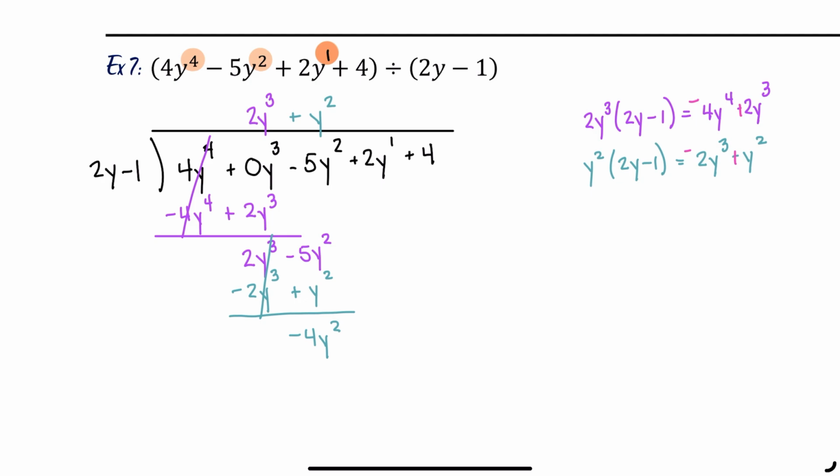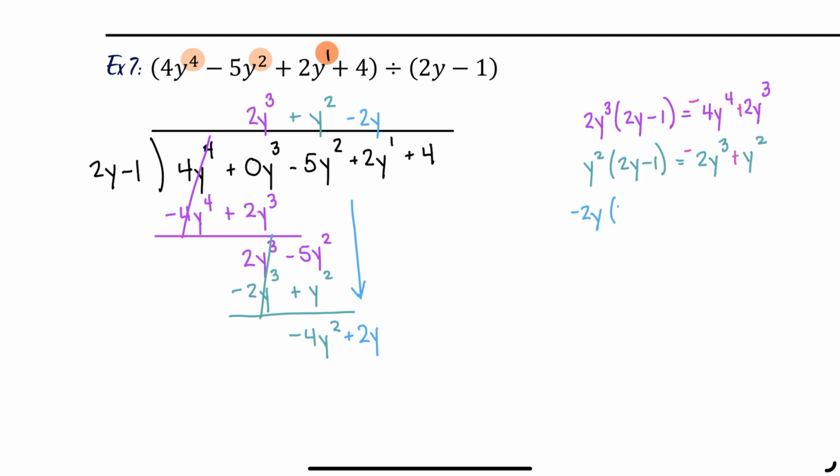Now I'm ready to bring down the 2y, and I'm ready to start over. I'll take the negative 4y squared and divide it by the 2y, leaving me with negative 2y. And I'll do my subtraction over here.